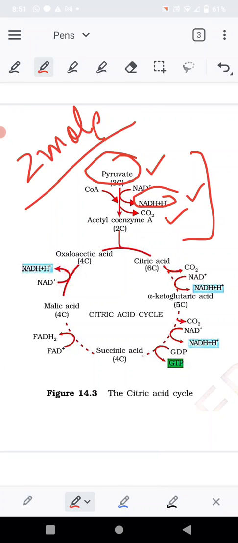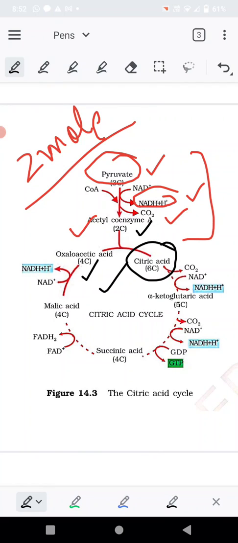Now after the formation of the acetyl CoA, which is a 2 carbon compound, the acetyl CoA enters into a cycle, and this cycle is known as the citric acid cycle. We also call it the Krebs cycle. During this cycle, the acetyl CoA combines with the oxaloacetic acid, and it makes the citric acid.